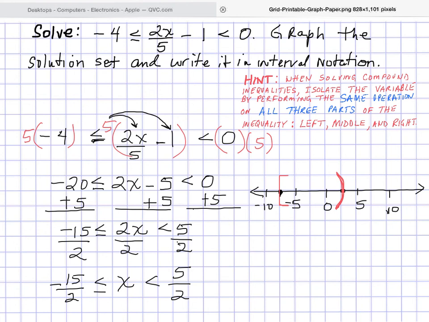Okay, and then we want to highlight everything in between. So in interval notation, it will look like this: a bracket, negative 15 over 2, all the way to 5 over 2, and then parentheses. And you've just solved multiple linear inequalities.